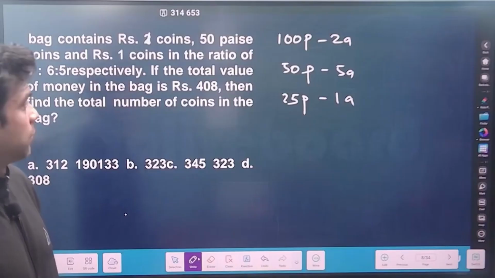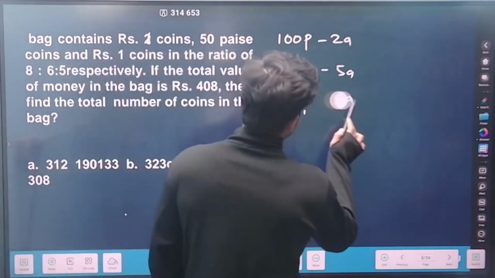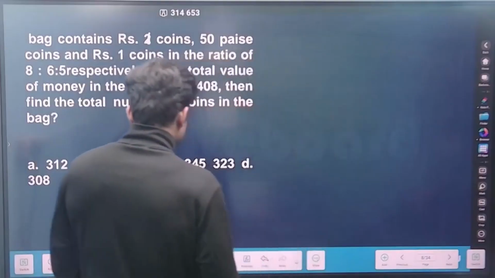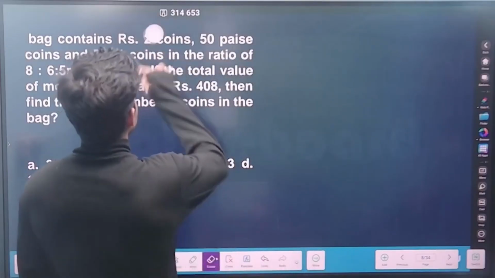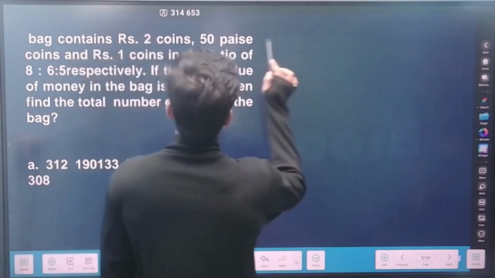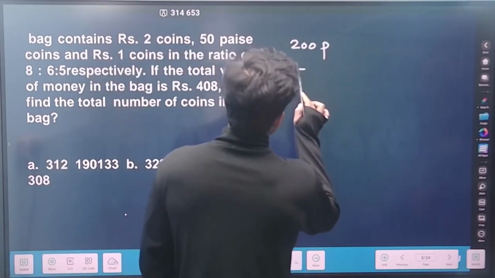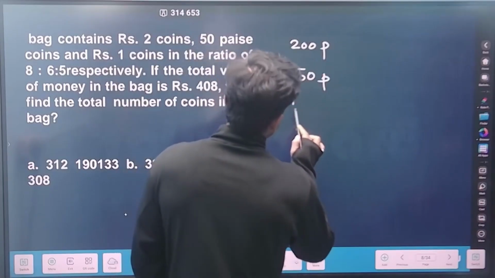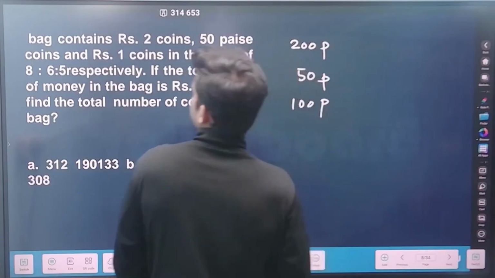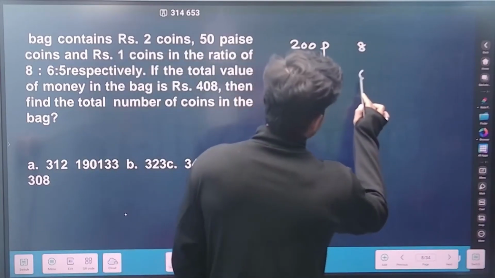Yes or no? So you can also make this question in a different way, okay? Let us assume this question would be in this manner. Can I say this is 2 coins, which is 200 paise? Then we have 50 paise. And then 1 rupee, which is 100 paise. Let's solve like that, okay? And these are in the ratios of 8A, 8A, 6A and 5A, correct?